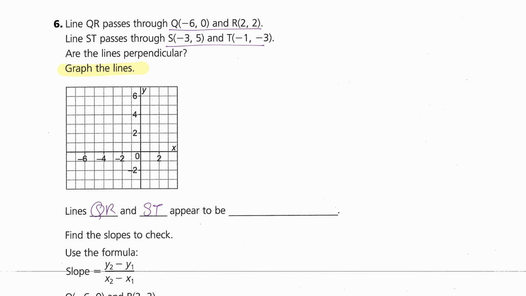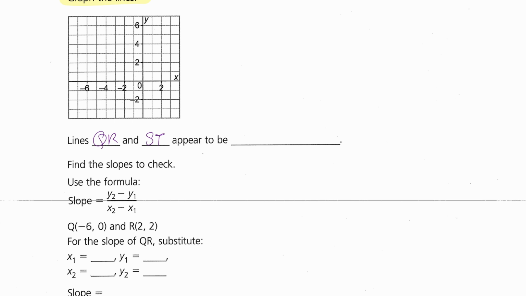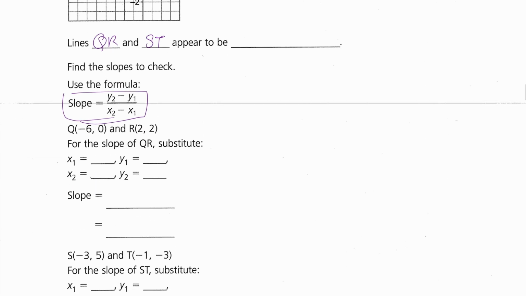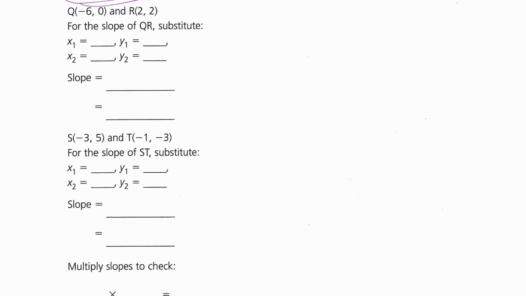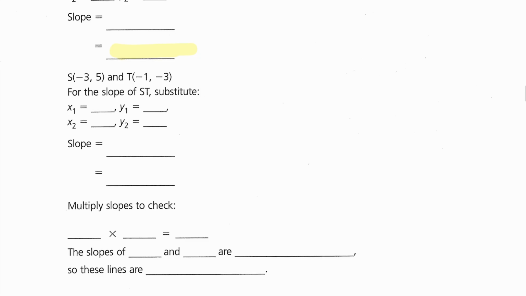Okay, so after drawing you have to make the conclusion and find the slope to check. Use the formula y2 minus y1 over x2 minus x1. Substitute the corresponding values and find the slope over here. Write the slope in simplest form, and repeat the same procedure for ST and its corresponding slope.